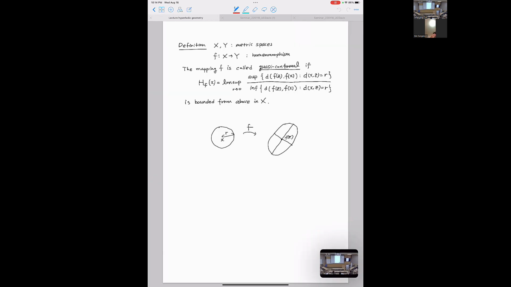And one more thing we need. For metric spaces X, Y, if you have a homeomorphism f from X to Y, then the mapping f is called quasi-conformal if this term is bounded.